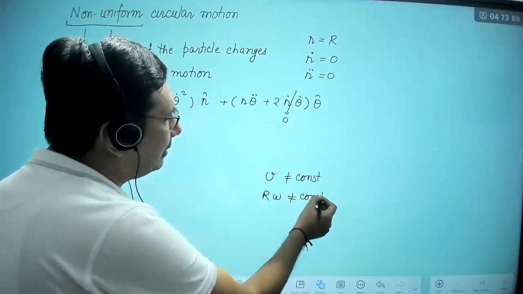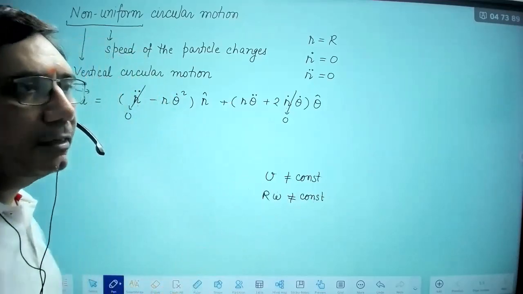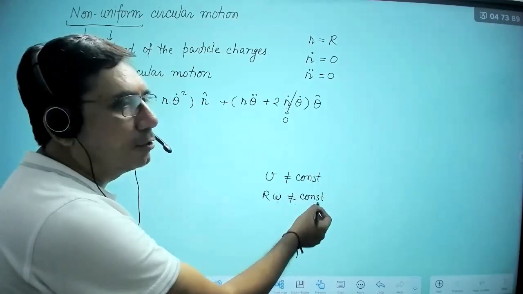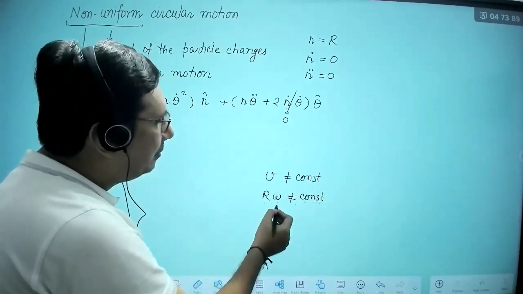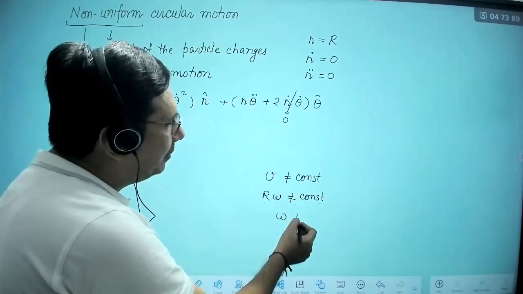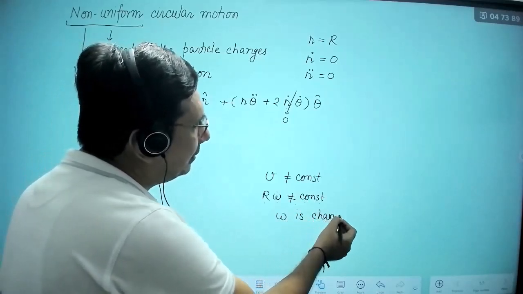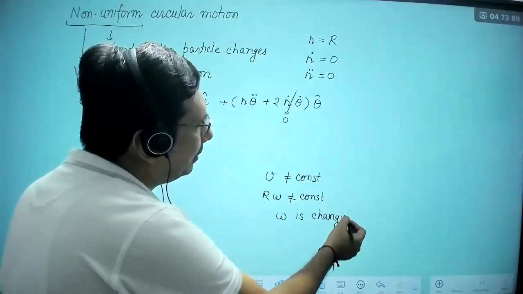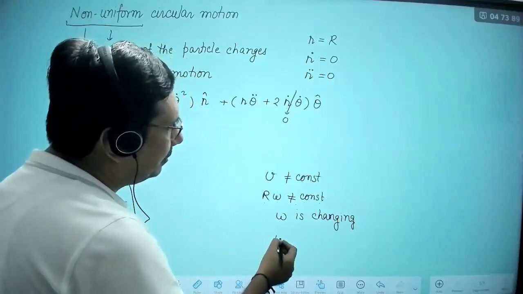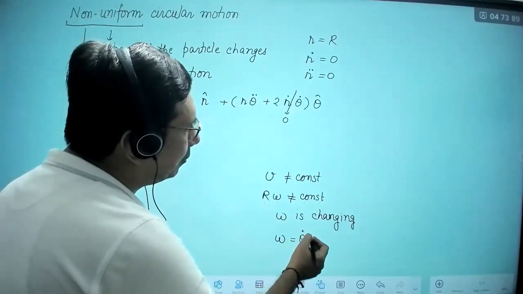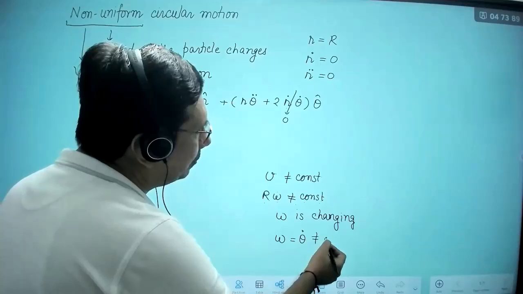But r itself is a constant, radius is fixed. So omega is changing. Omega is theta dot, and this is not constant.